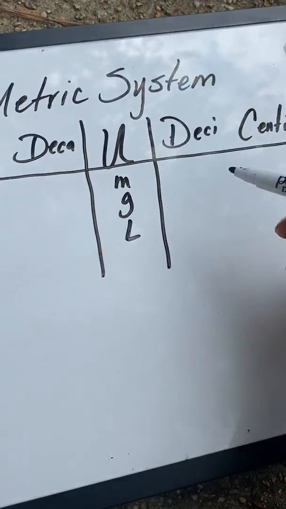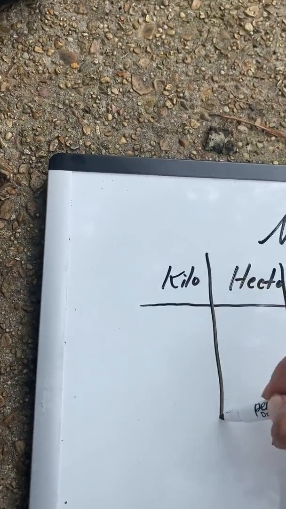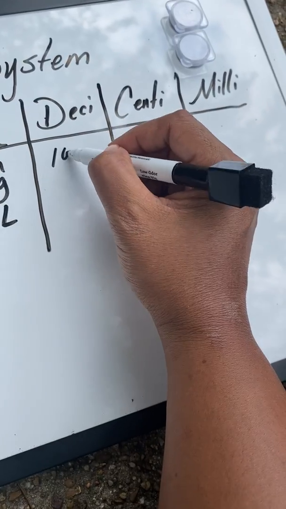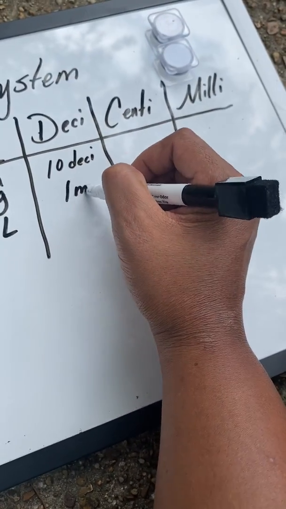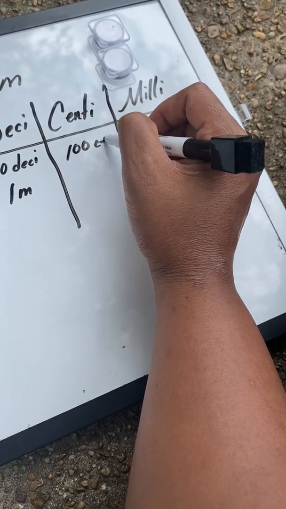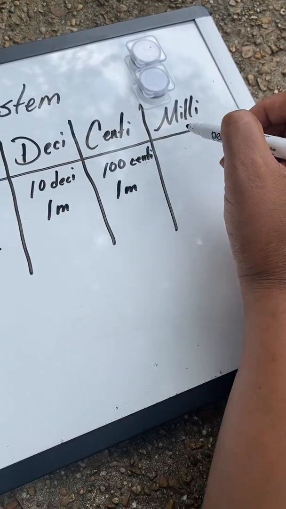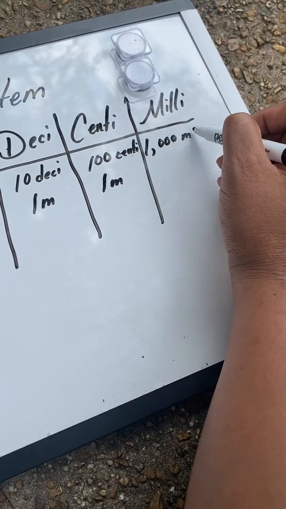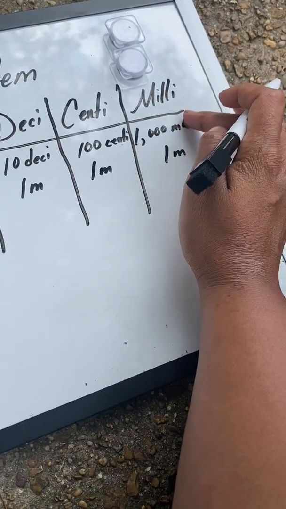Okay. So basically, all this is saying is 10 of these equals a meter, 100 of these equal a meter, and 1,000 of these equal a meter.